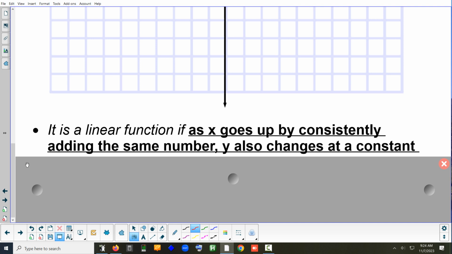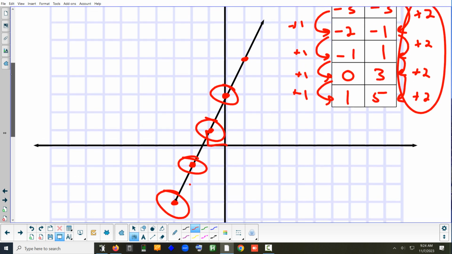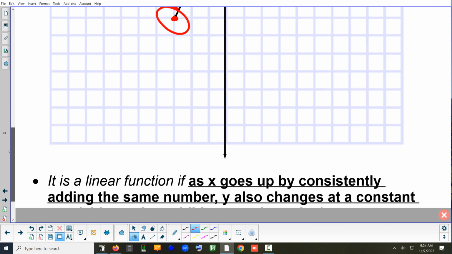So when I say consistently, I mean the same. Consistent means the same thing. So it says it is a linear function if as x goes up by adding the same number. So in our case we did +1, +1, +1. I think it's usually going to be a +1.